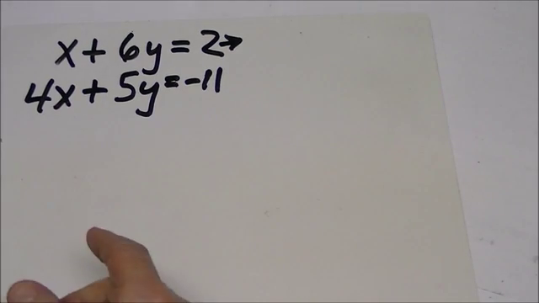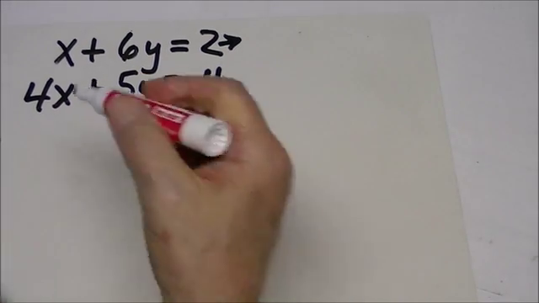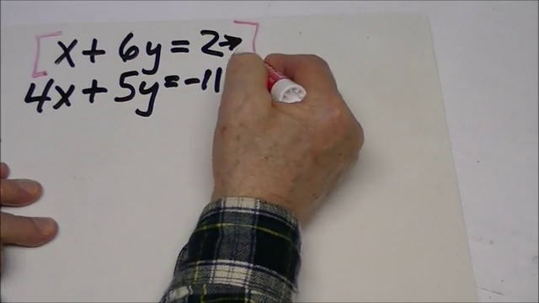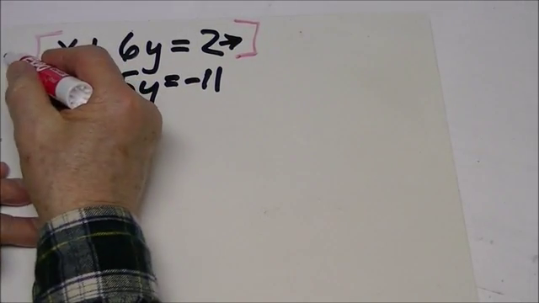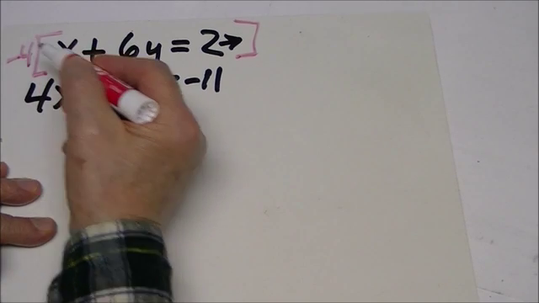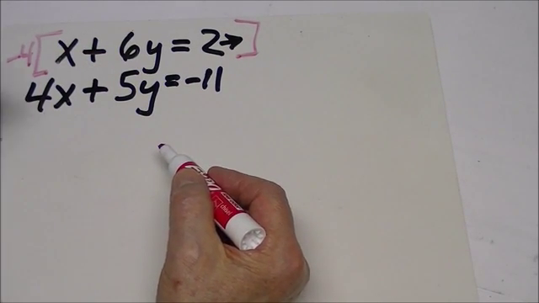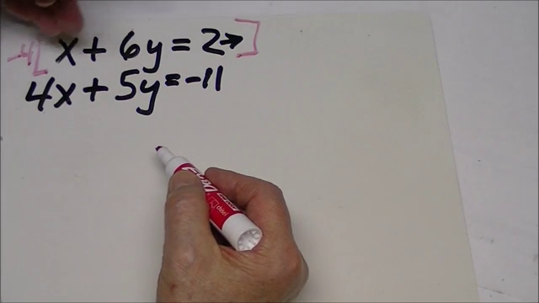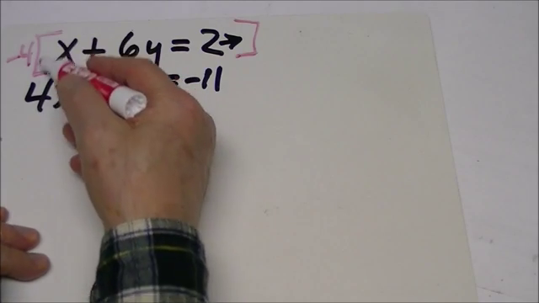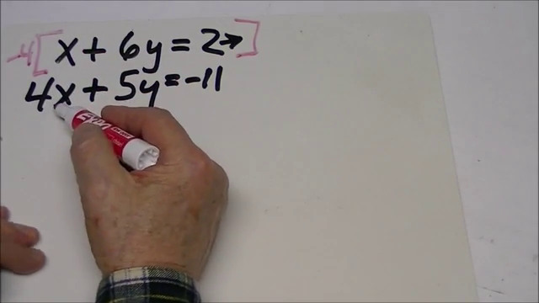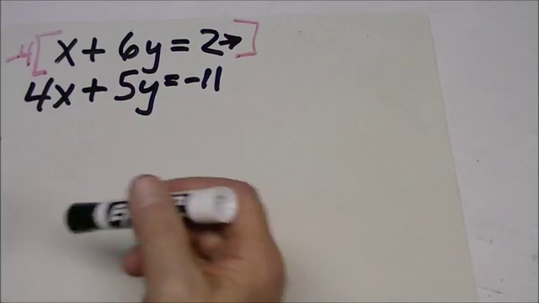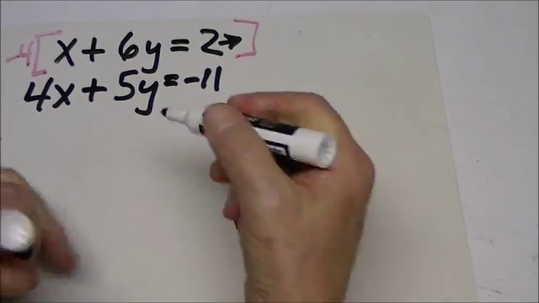But if I were to multiply each term in this equation by a negative 4, that is, make this an equivalent equation in which this term became a negative 4x, adding these columns together would cancel out my x's. So the strategy is to rewrite it.